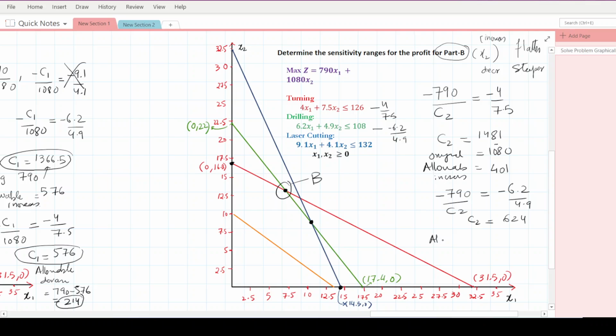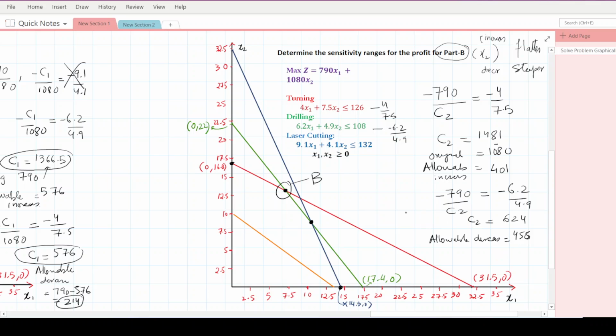So allowable decrease will be 1080 minus 624, somewhere around 455 or 456, because I have just rounded off some numbers here.